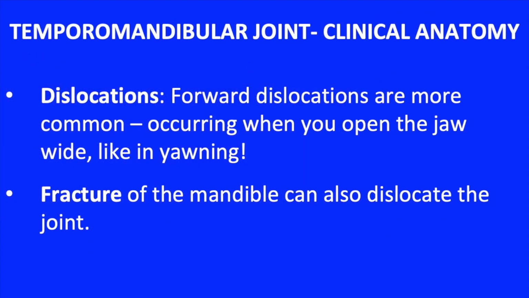I hope that you did not know until this lecture that the temporomandibular joint can be dislocated. Forward dislocations are more common and occur when you open your jaw wide, like in yawning. And yes, it is generally very painful when this happens. Fracture of the mandible can also dislocate the joint.